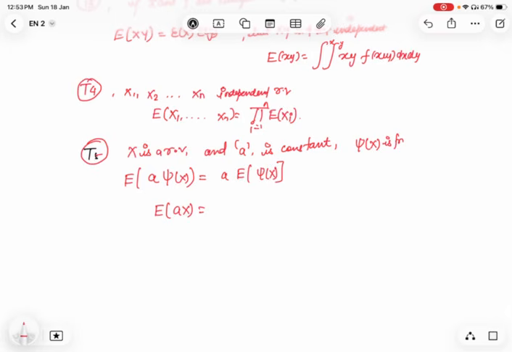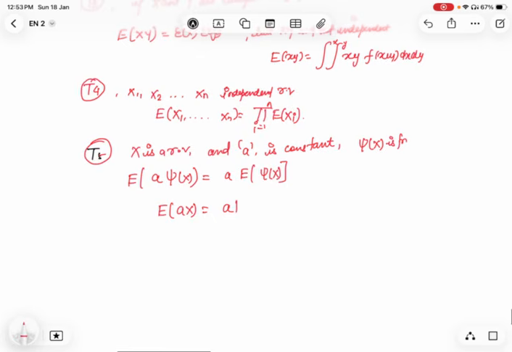Constant means a is a number like 4, 2, 3, 5, 6. Just take the a out from there, calculate the expectation of x, and then multiply with a. Okay. And when you have a plus X, then it is equal to a plus the expectation of X, because the expectation of a constant is the constant.